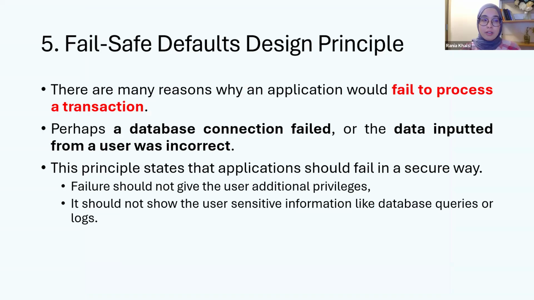Now, the last one for this video, the fifth secure design principle, is known as fail-safe defaults. Real system failures happen all the time. A database connection may fail, a network request may also fail, and a user may enter incorrect data, and this can happen many times, okay?